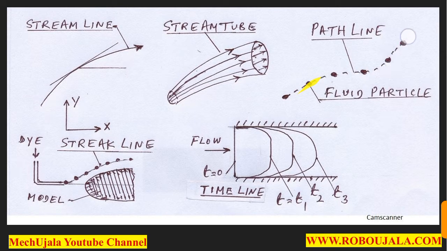As you can see, the particle is here, then here, then here, then here. So that is a path line. And the streak line, as you can see here, is formed as these fluids flow through a pipe making this curve, and the velocity of this fluid is maximum at the center and zero at the end point or at the surface.